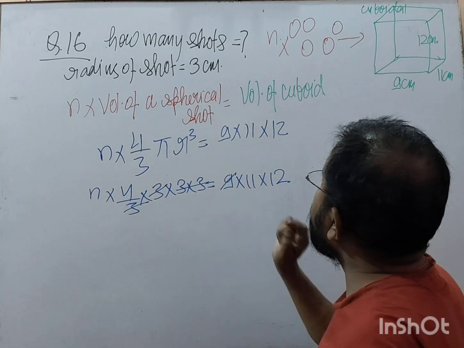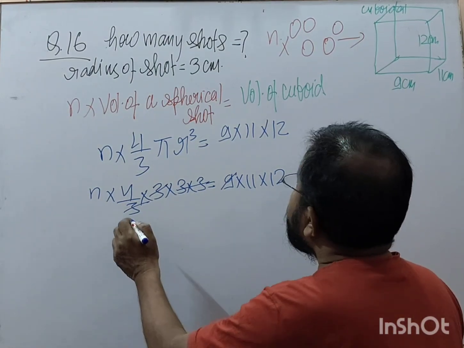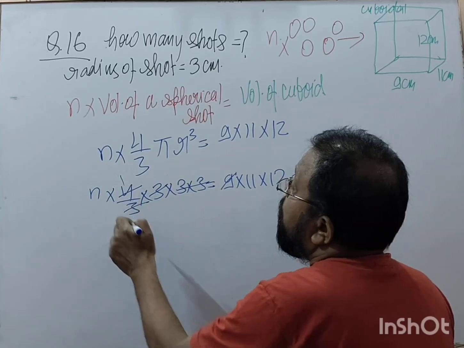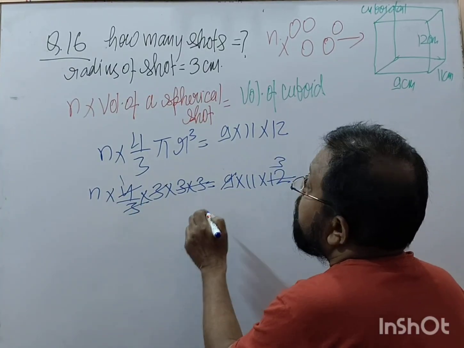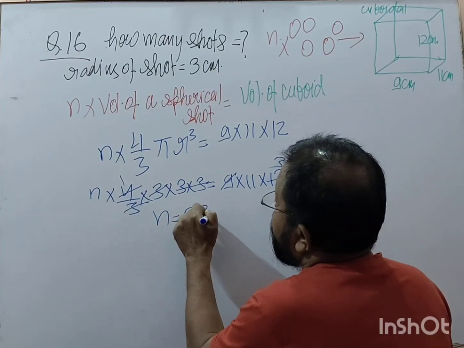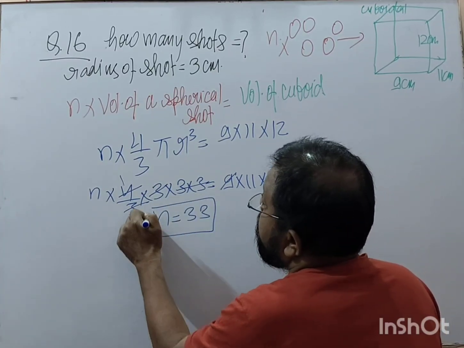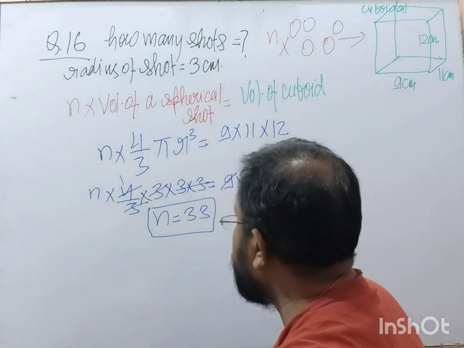So this 9 is cancelled. And 1 time 3 times 4 becomes 12. So n is equal to 33. So number of spherical shots is 33. What is your answer?